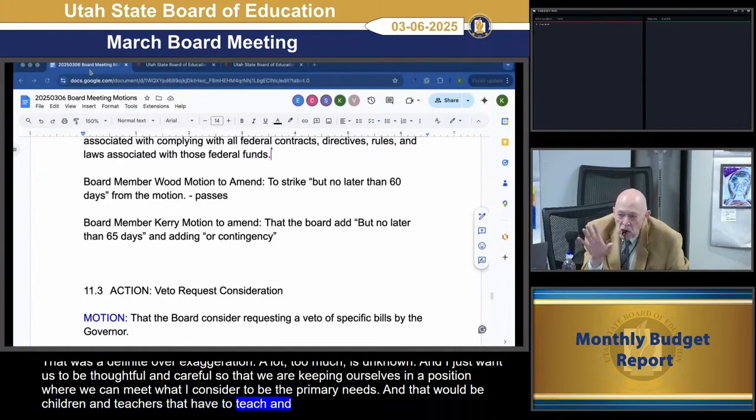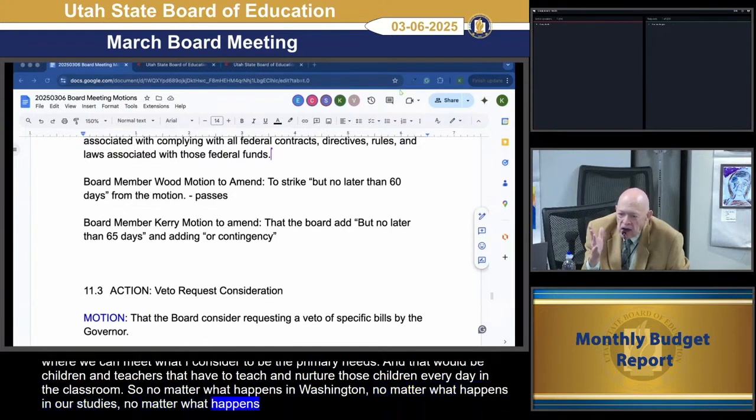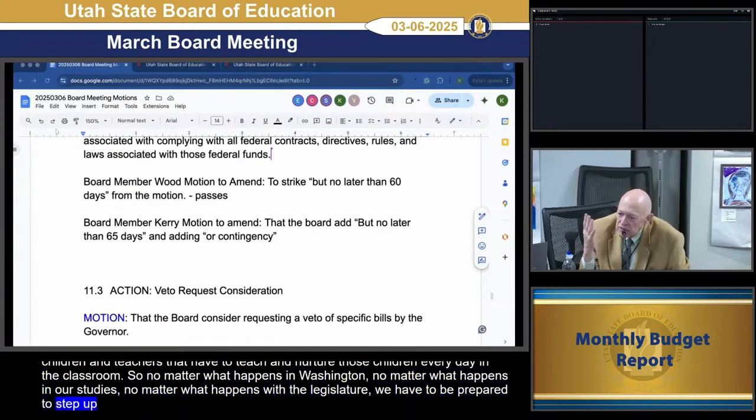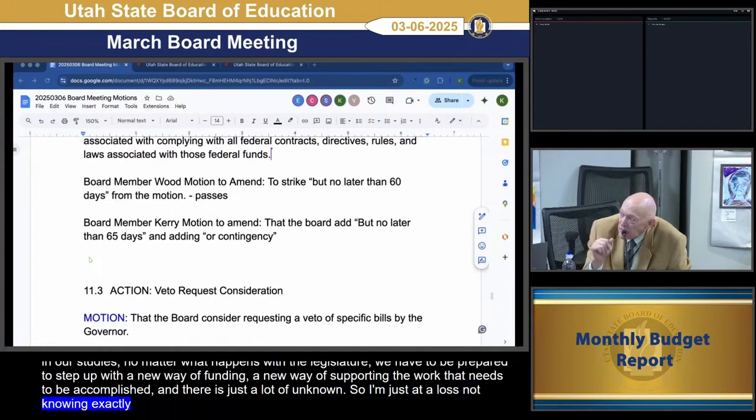So no matter what happens in Washington, no matter what happens with our studies, no matter what happens with the legislature, we have to be prepared to step up with a new way of funding, a new way of supporting the work that needs to be accomplished, and there's just a lot of unknowns. So I'm just at a loss, not knowing exactly what to do. I know we got to comply with the law, but the law could be different by today at 6 o'clock, and who knows. So thank you.